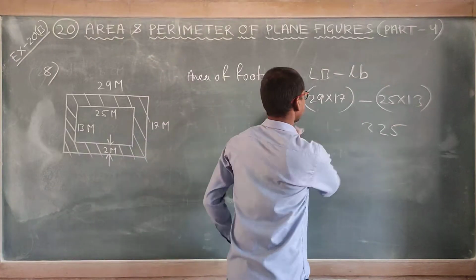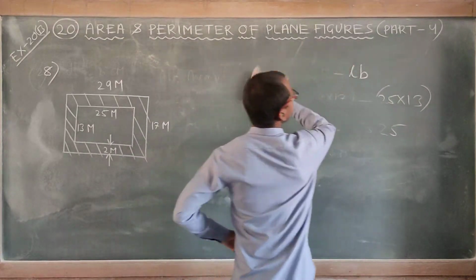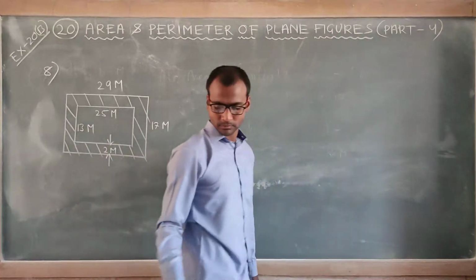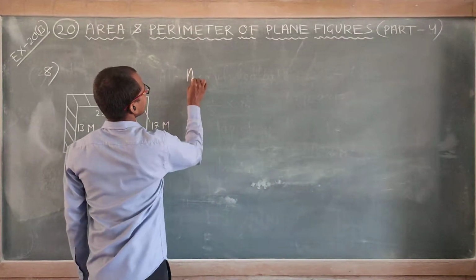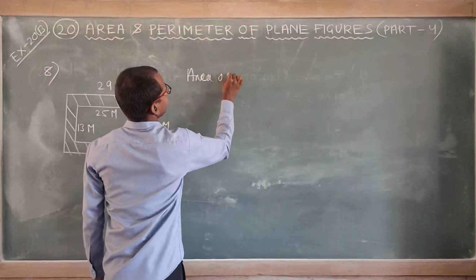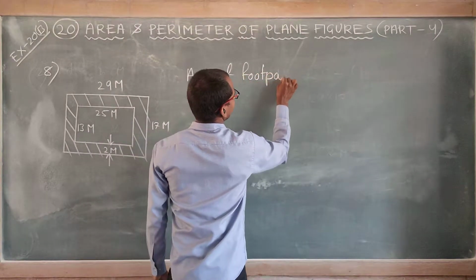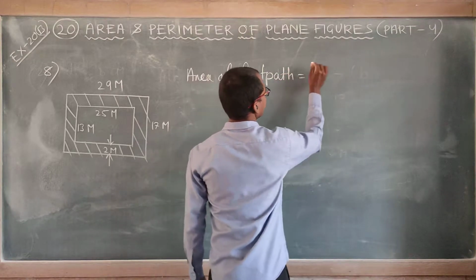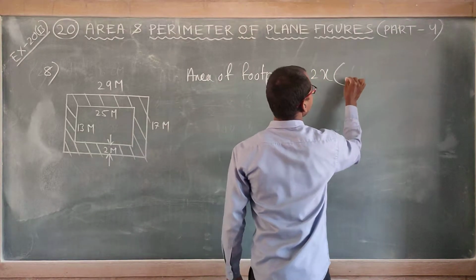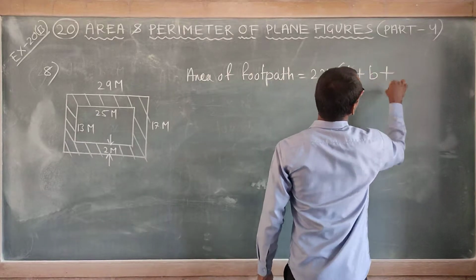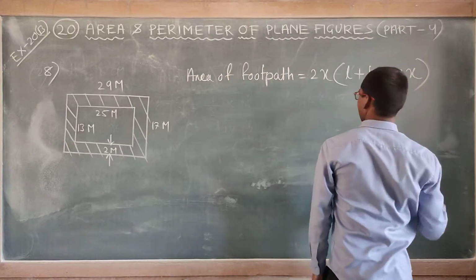See the formula. Area of footpath is equal to 2x into L plus B plus 2x.